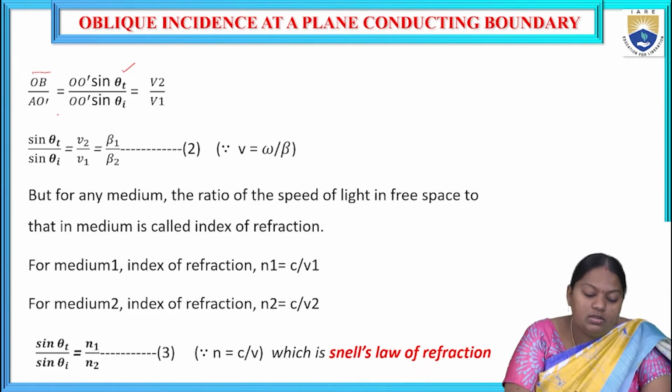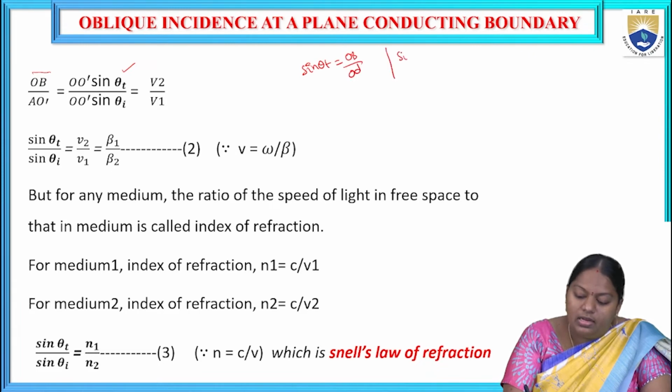And AO dash is the same as we evaluated in the reflected case, OO dash into sine theta I. So sine theta t is OB by OO dash, and sine theta I is AO dash by OO dash.